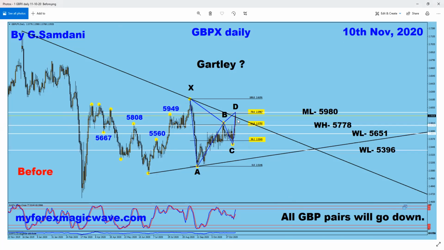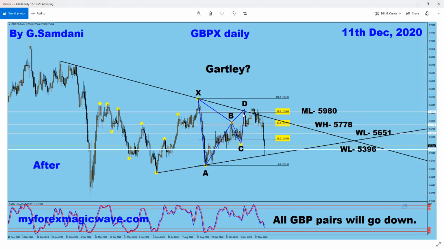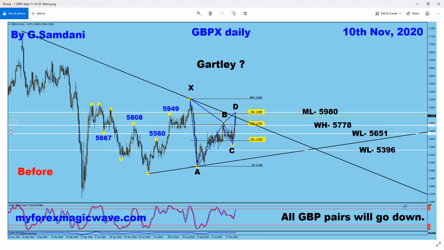So to this chart, since then, what exactly happened till last Friday, the 11th, December 11th, is this. Right, so we dropped a little bit, we went up, we were regarding that 78%, and then started dropping. It's a daily chart, so each candle represents one day, and then we started dropping big time, all the way down to this TL that I was showing as a target.